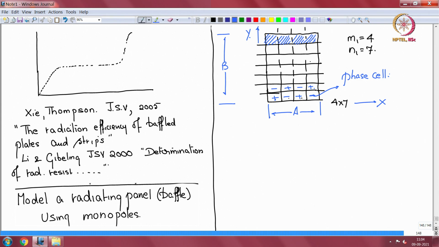Okay, now if we make the assumption that a phase cell satisfies a monopole condition, then we can use monopole formulas.